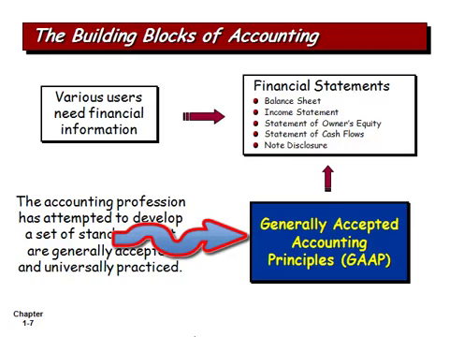And GAAP has been developed over a period of time. It can be influenced by financial accounting standard boards and other regulators. Congress can influence it. But it is the general body of knowledge and general body of concepts that accountants use on a daily basis.